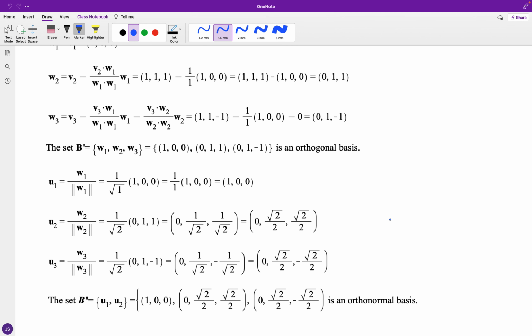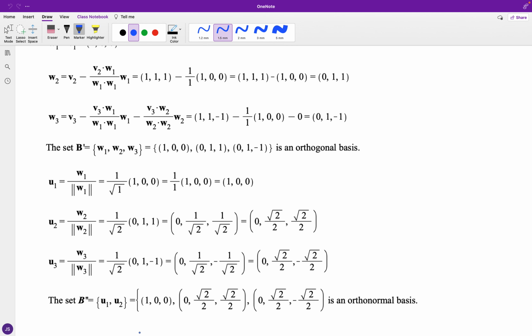And for U sub 3, again, W sub 3 we have as 0, 1, negative 1, and the norm of W sub 3 is the square root of 2, and dividing what I have for W sub 3 by the square root of 2, and just rewriting, I'm going to come out to 0, square root of 2 over 2, negative square root of 2 over 2.